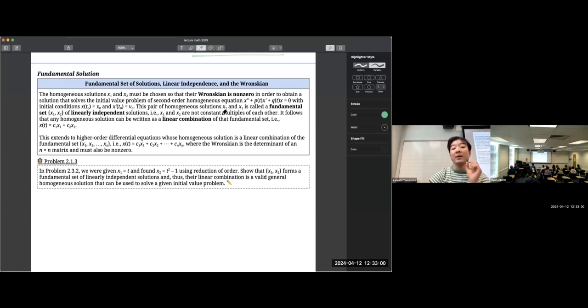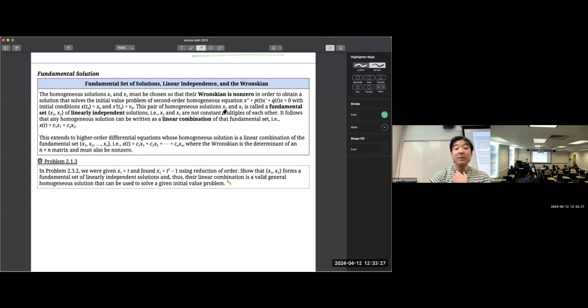And if you're able to find x1 and x2 that have this property, that their Wronskian is non-zero, those are called the correct homogeneous solutions. They're called a fundamental set, and they're going to be the correct set of solutions that will span the space of all solutions for this differential equation.